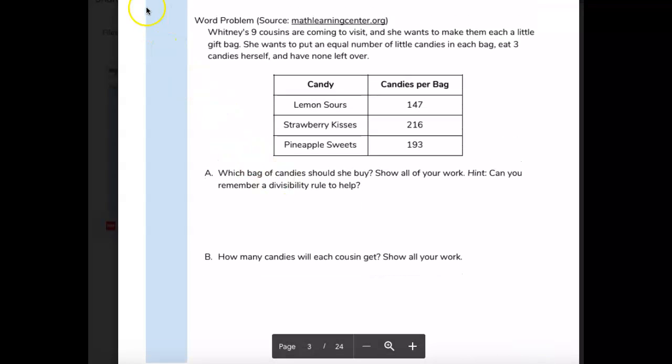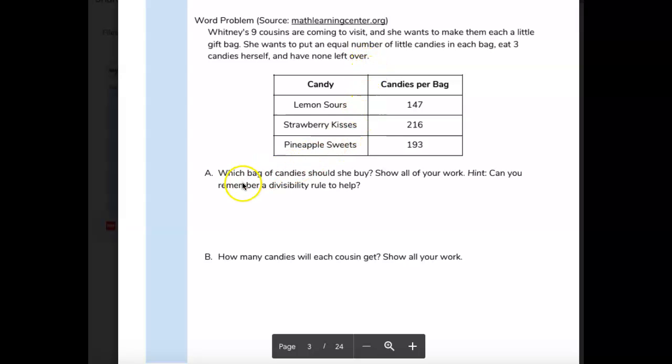All right, so this says, Whitney's 9 cousins are coming to visit, and she wants to make them each a little gift bag. She wants to put an equal number of little candies in each bag, eat 3 candies herself, and have none left over.